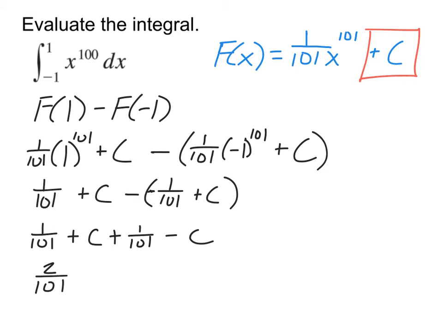Therefore, when we do these antiderivatives to find an integral value like this, you don't even have to include the plus c. In the future problems that we're going to be practicing today, I'm just going to include this part of the antiderivative. I'm not going to include the generalized plus c at the end because I know it would cancel itself out. And so this 2 over 101, that's my final answer.